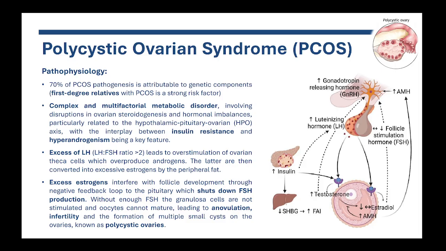Now if FSH is decreased, the granulosa cells of the follicles are not stimulated and the oocytes cannot mature, which will lead to anovulation and infertility. Also, it will lead to the development of multiple small cysts at the surface of the ovaries, and this is known as polycystic ovaries.